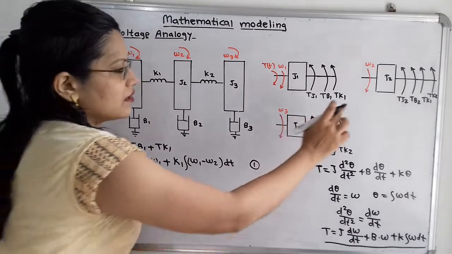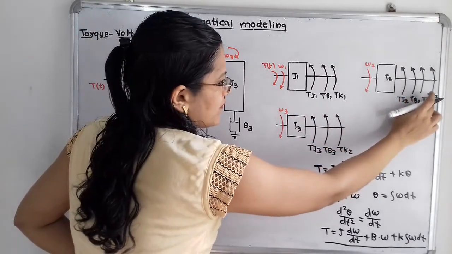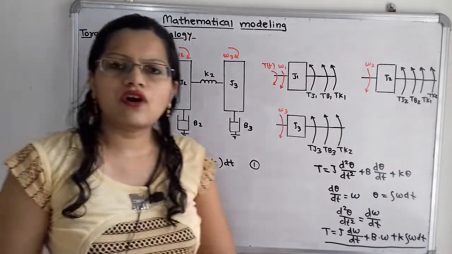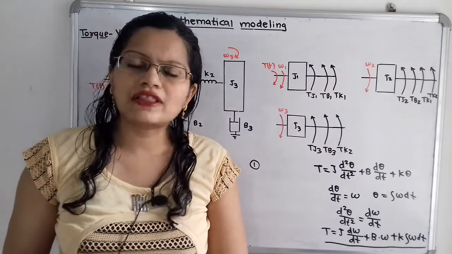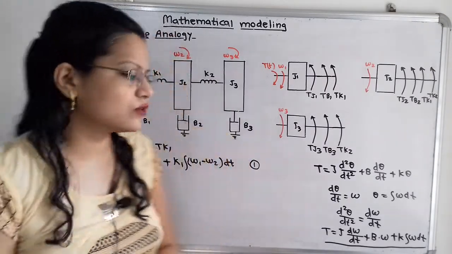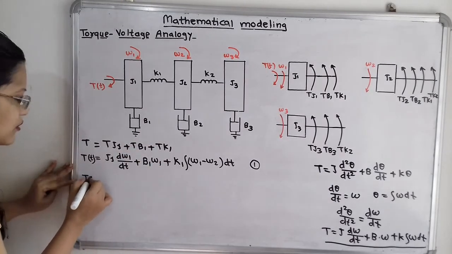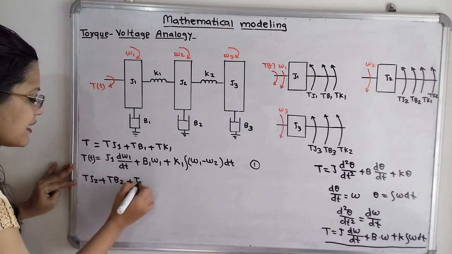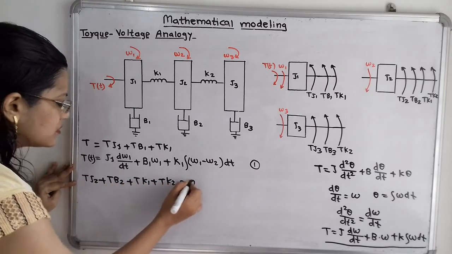So here torque due to Z2, torque due to B2, torque due to K1, and torque due to K2. So according to Newton's second law of motion, the summation of all the reaction forces is equal to 0. So how can I write this? That is Tj2 plus Tb2 plus Tk1 plus Tk2 is equal to 0.